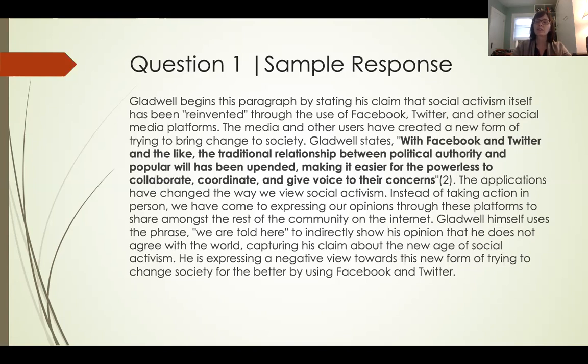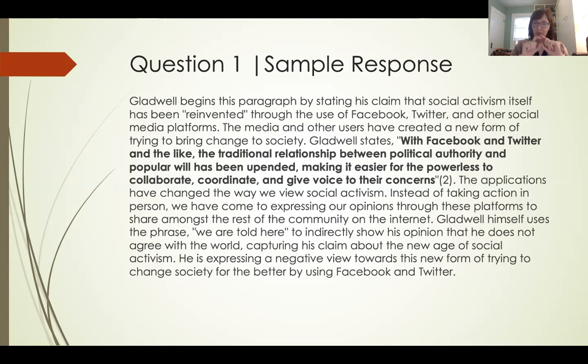Okay, so one reason I selected this sample to show you is that the writer's done a good job of selecting a quotation to support their response, right? So essentially, this quotation is indicating how social media has changed social activism.